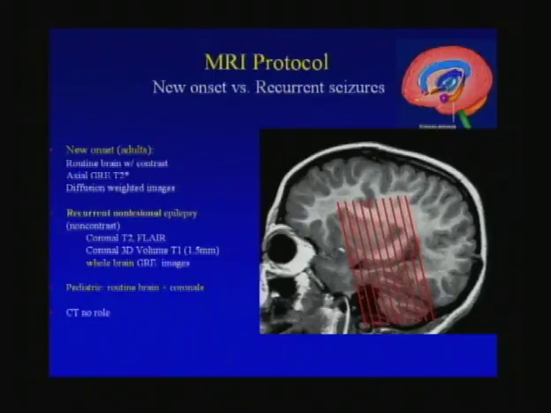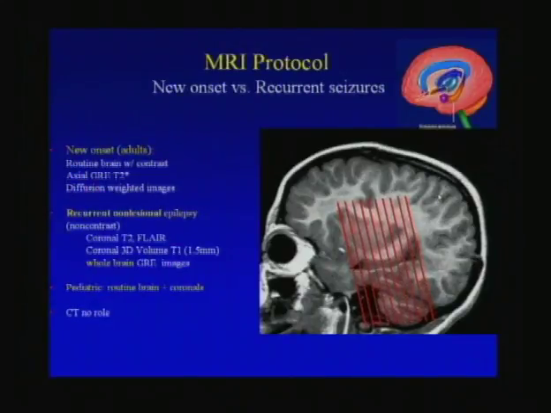We also include a coronal 3D T1 weighted volume of the entire brain, looking at the cortex and gradient echo images. In the pediatric population, we will do a routine brain, but we'll also include the high-resolution coronal images so as not to miss any cortical abnormalities.